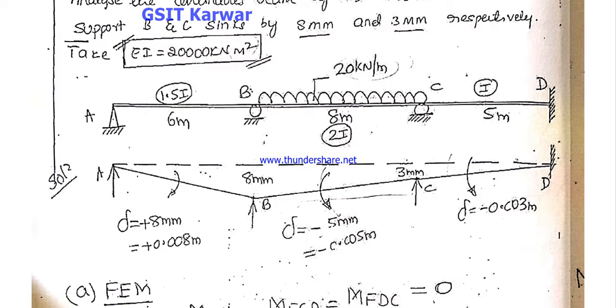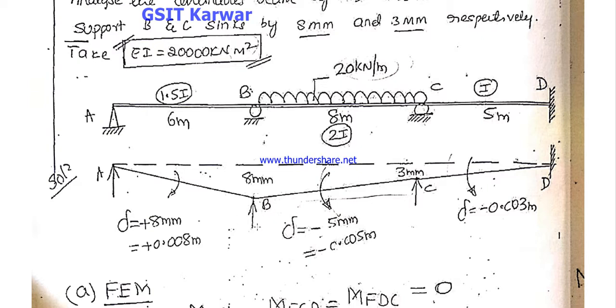This is the sign convention. It is clear. Now the support B sinks 8 mm. That means considering left hand side 8 mm, it is correct. You can directly take the 8 mm and convert to meter. It is 0.008 meter.